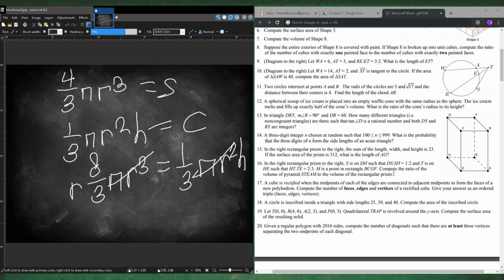So what's the ratio of the cone's radius to the height? So r divided by h. If h goes to the left side, then you put 8/3 on the right side. So it's 1/3 divided by 8/3, which is the same as multiplying by 3/8, which is 1/8. So the answer is 1/8.